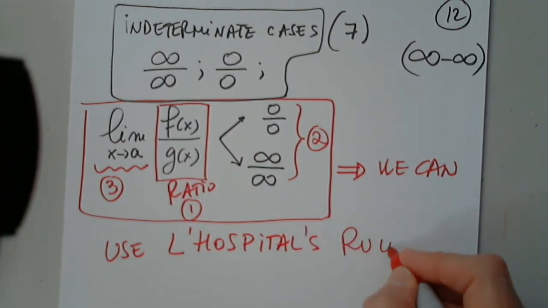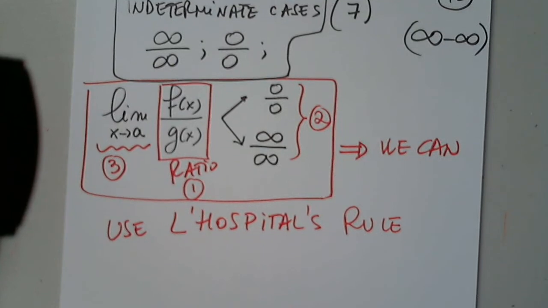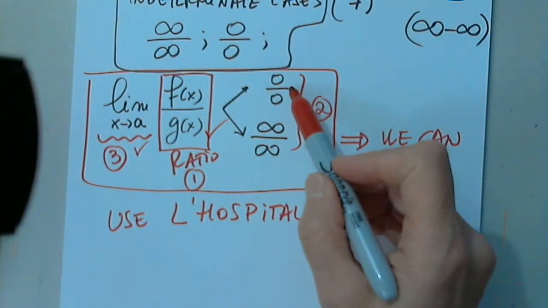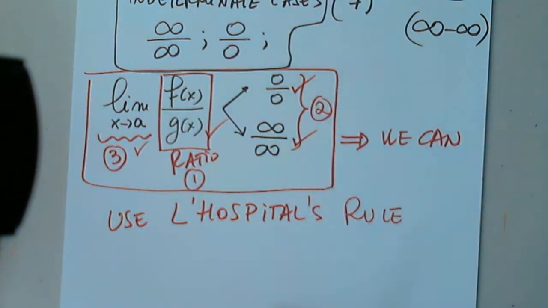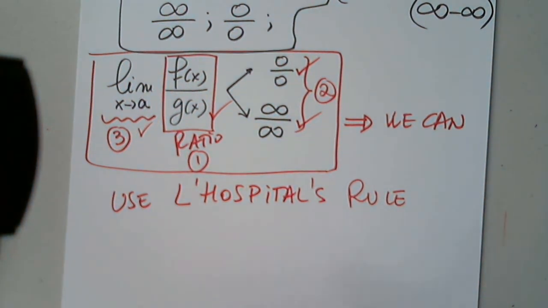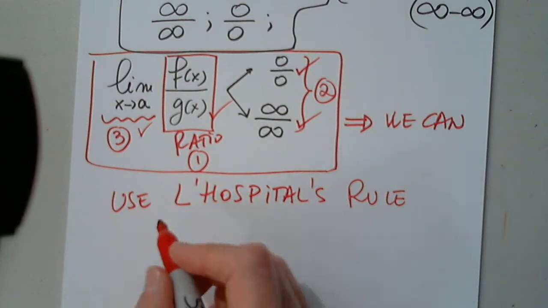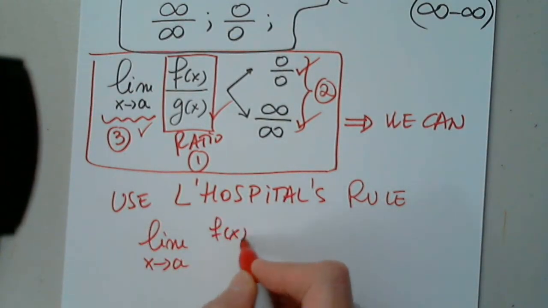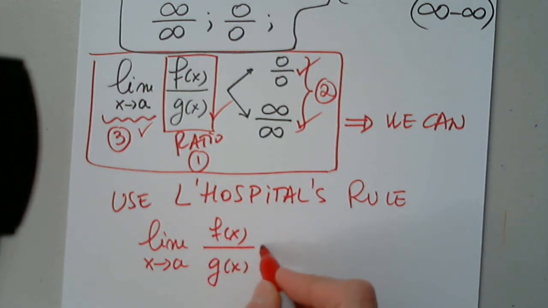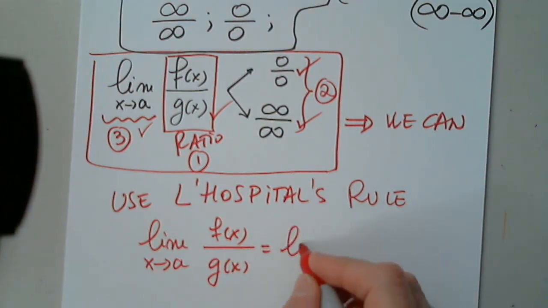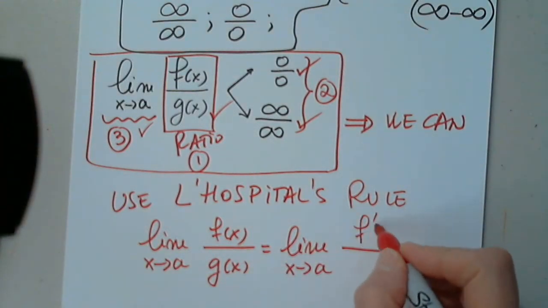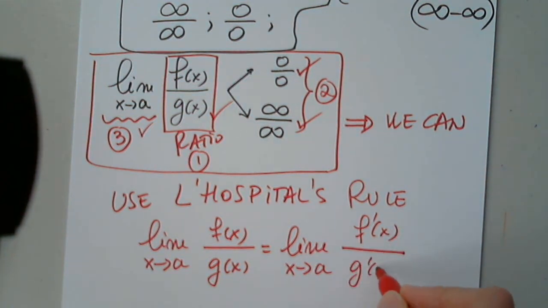He said this: if there is a limit of a ratio and 0 over 0 or infinity over infinity, if all these conditions are fulfilled, then I can determine the limit as x approaches a from f of x over g of x. I can write this: limit as x approaches a, from either side or one side, it doesn't matter, of f prime of x over g prime of x.